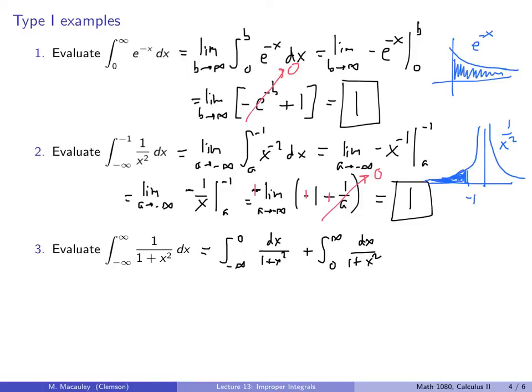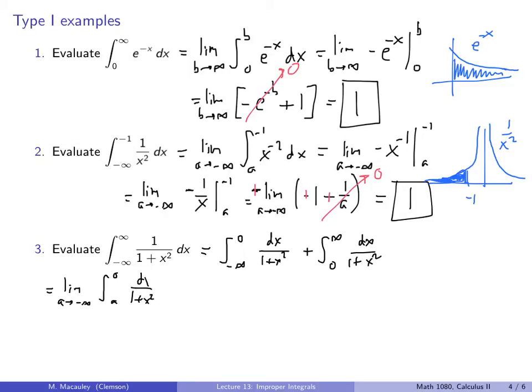Now both of these we can write as limits. So this first one is the limit as our bottom limit is a, right? Yeah, a goes to negative infinity of the integral from a to 0 of 1 over 1 plus x squared. All right, let me put a dx in there.